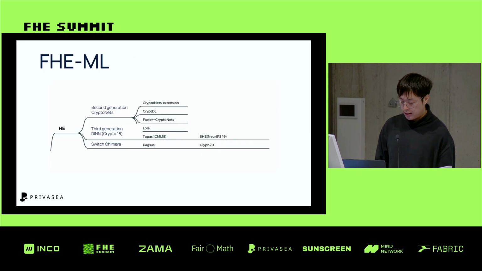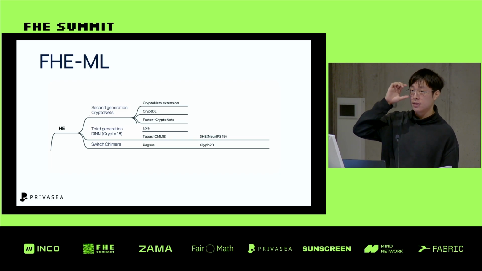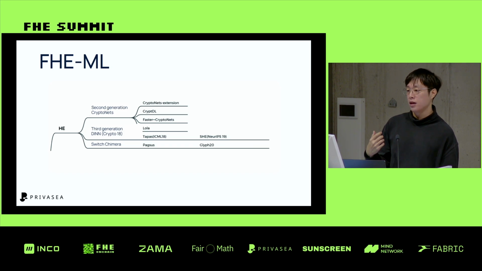And there are some typical FHE-based solutions to solve these two problems. The first, especially CryptoNet, Lola, and Paxos. CryptoNet uses CKKS, so it supports the linear functions like fully connected layer and convolution layer.